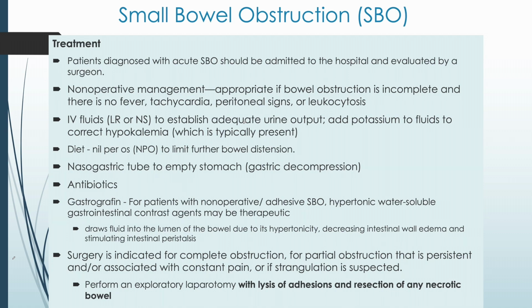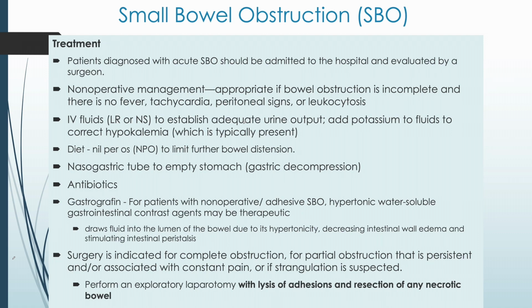Whether or not we do non-operative management, we're going to want to treat the patient with IV fluids, either lactated Ringer's or normal saline, and that's to get their hydration status up. Remember, a lot of these patients are dehydrated. You will also tend to have to add potassium because they tend to lose a lot of potassium from the fluid loss, and it corrects the hypokalemia, which is typically present.